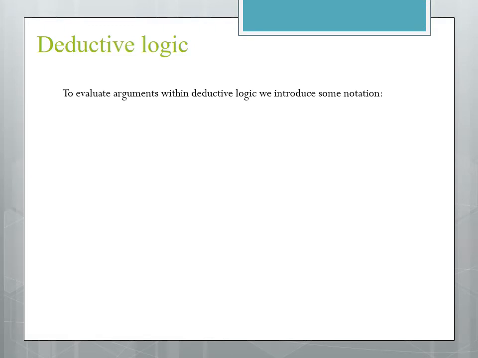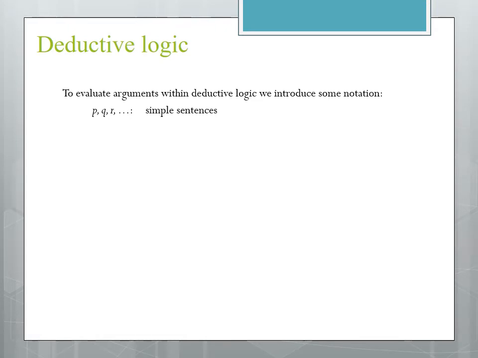And the basic vocabulary of deductive logic are simple sentences. So we build up complex sentences within deductive logic from simple sentences. And the simple sentences are denoted with lowercase letters, usually starting with P. That tends to be the convention.